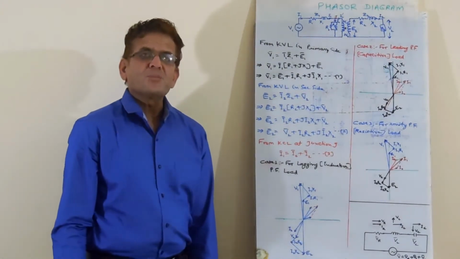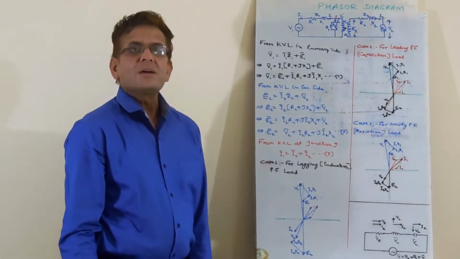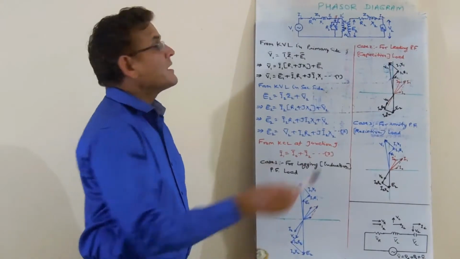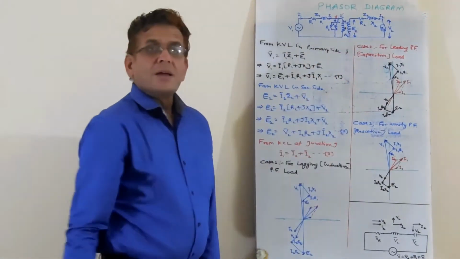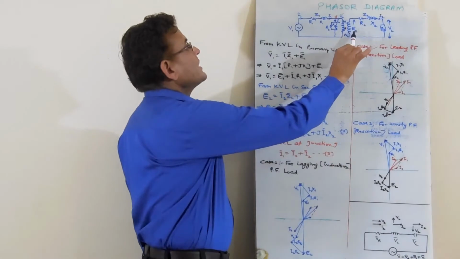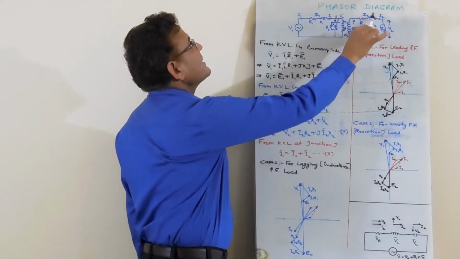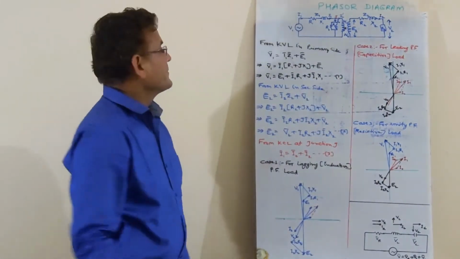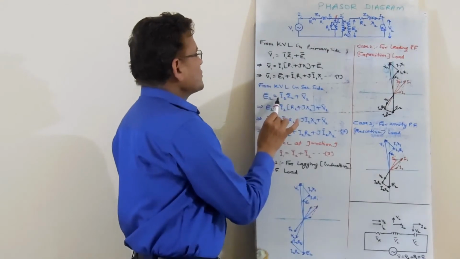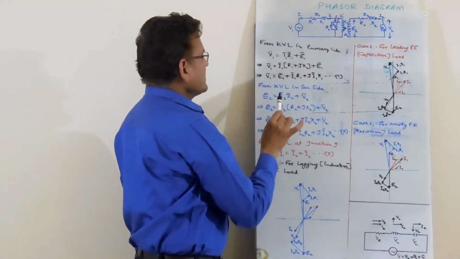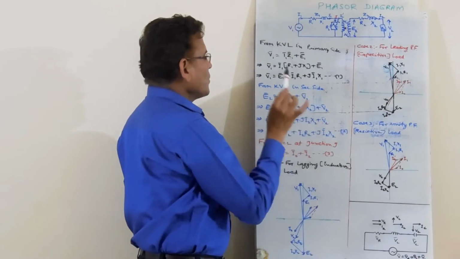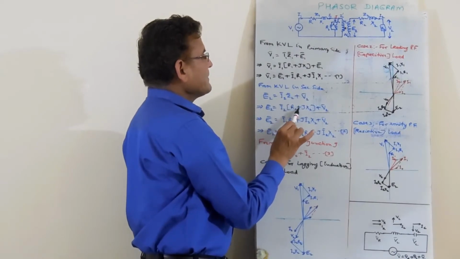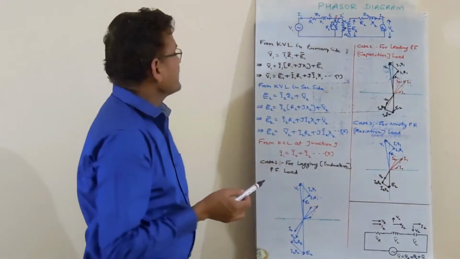Now applying Kirchhoff's voltage law in secondary side of single phase transformer, here applied voltage is E2 and this induced voltage E2 is equal to voltage drop in Z2 and voltage across load. So E2 is equal to voltage drop in Z2, I2Z2 plus voltage across load, and this impedance of secondary winding can be written as resistance of secondary winding plus leakage reactance of secondary winding.